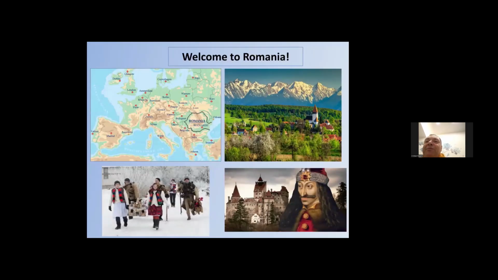Where I come from, Romania, maybe a few words and a few pictures are interesting to see. We are in Europe, and here you can find the mountains, the Black Sea, and the winters, as you see, and also the castle of Dracula, if you have the opportunity to visit us.